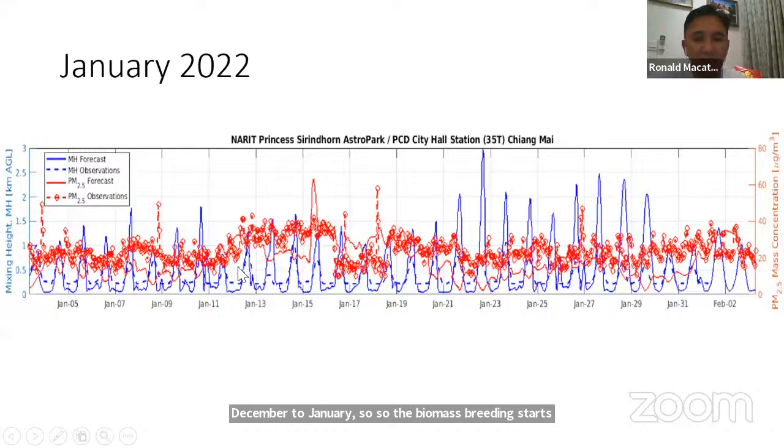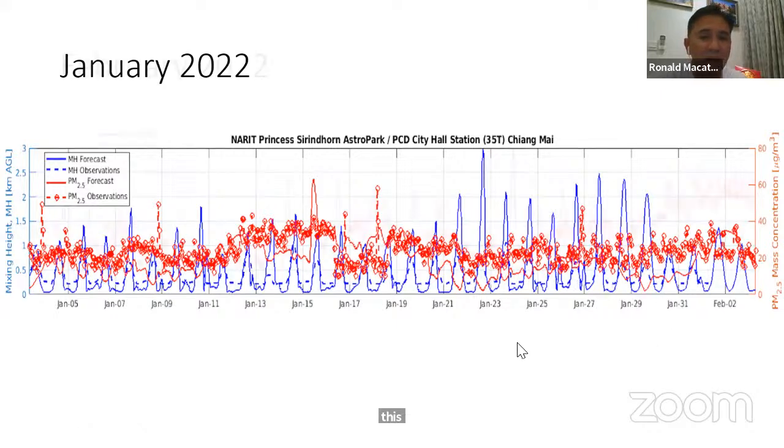We still had pretty good agreement with the observations for both PM 2.5 and PBL height, except during the last part of January, where the forecast was overestimating the PBL height, and that's probably causing this underestimate in the PM 2.5.